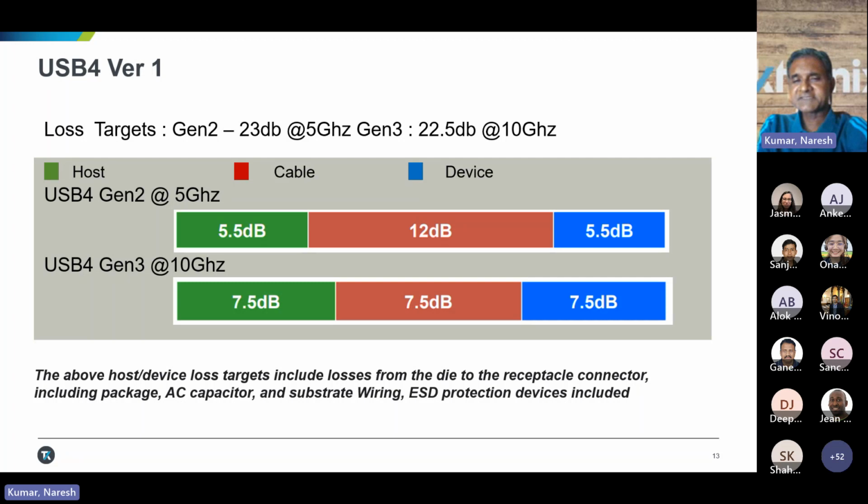What does this mean for test and measurement? Or rather, how do you use this in the validation phase? It means that we should be able to include these loss targets in our measurements and then show you the pass fail as per the standards. Okay, so that's the criticality for us.